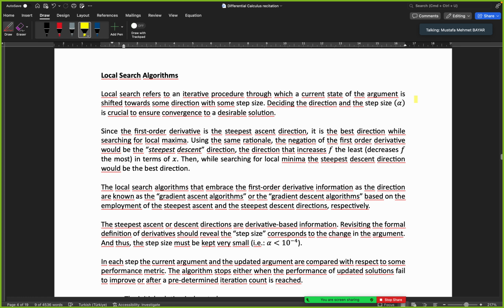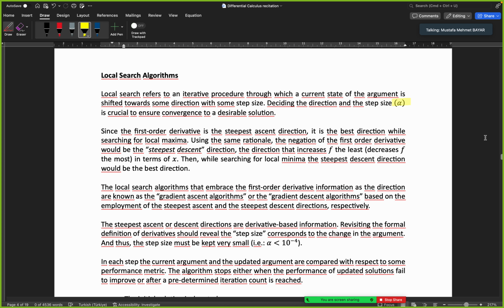Also, one other thing I mentioned was the step size. I was taking one step at a time. So these steps may be just gigantic or very, very small.